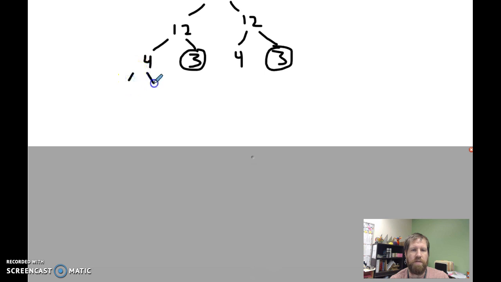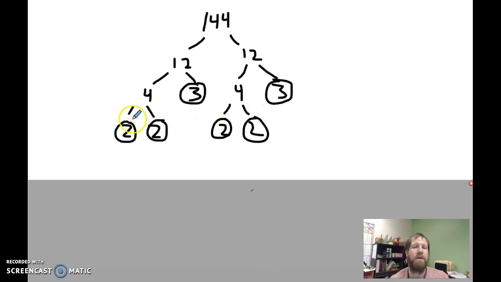Alright, break up my 4's. I've got 2 and 2 and 2 and 2. And now all of these are prime, and that's my prime factorization. 2 times 2 times 2 times 2 times 3 times 3 equals 144.